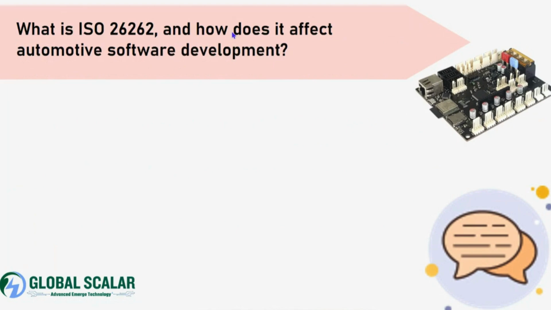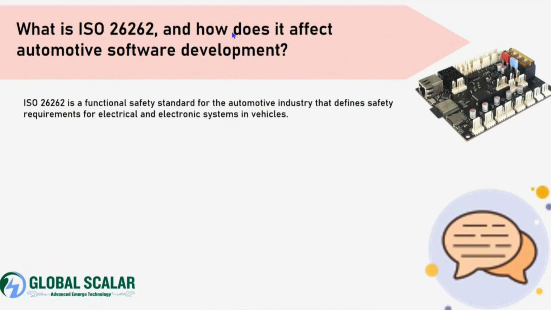What is ISO 26262 and how does it affect automotive software development? ISO 26262 is the functional safety standard for the automotive industry that defines safety requirements for electronic systems in vehicles.